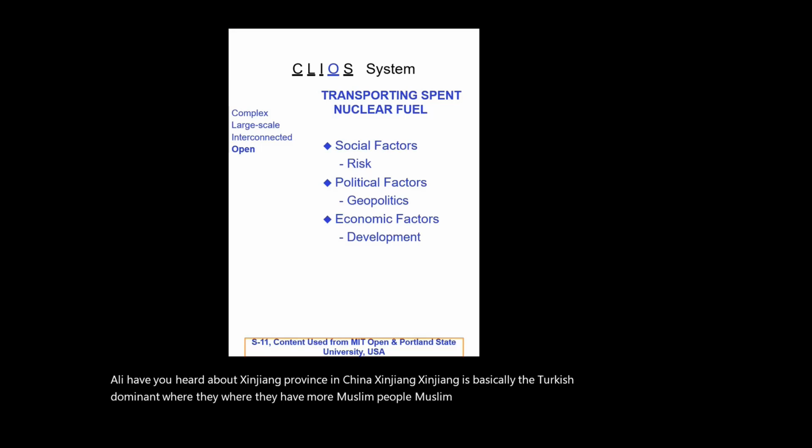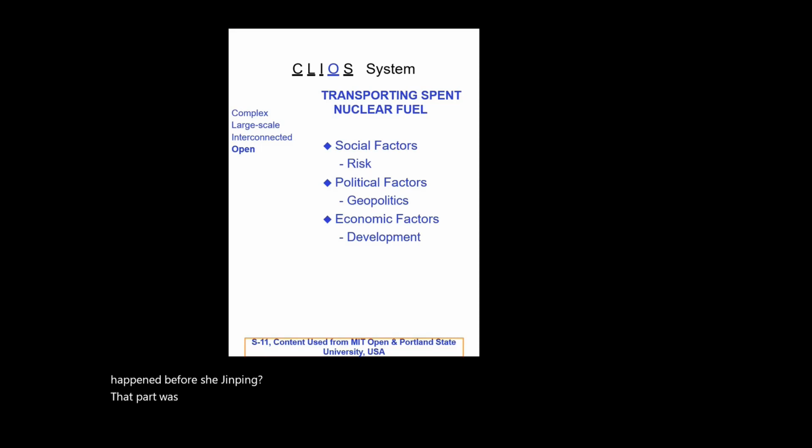What happened before Xi Jinping? That part was completely ignored. They have the one-party system, which is called the Communist Party of China. So they usually decide; they don't have democracy. They have party roles and party power within the country.